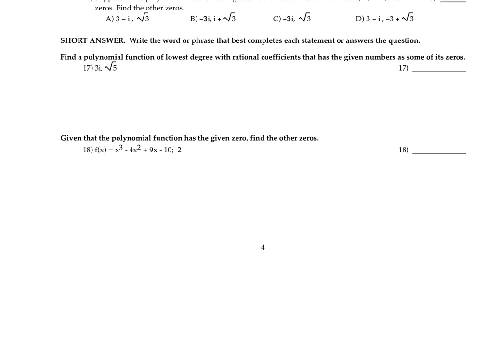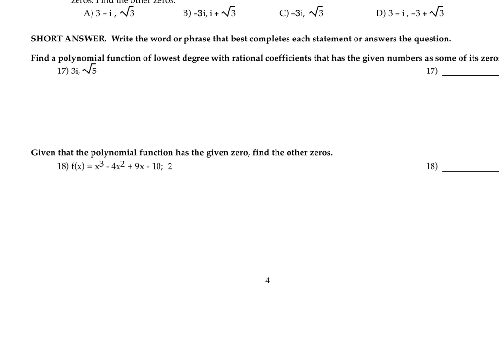Okay, 17 is very similar to number 15. But here's the trick. They only give me 2 zeros, but one's an i and one's a radical. And based on what we just talked about a second ago, all i's and all radicals have conjugates.